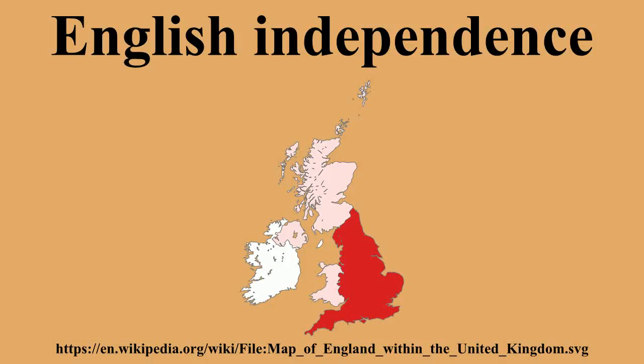In 1603, the Union of the Crowns took place when the death of Elizabeth I resulted in James VI, King of Scots, acceding to the English throne, placing England and Scotland under personal union. In 1707, the Acts of Union were passed by both the Parliament of England and the Parliament of Scotland, forming the Kingdom of Great Britain.